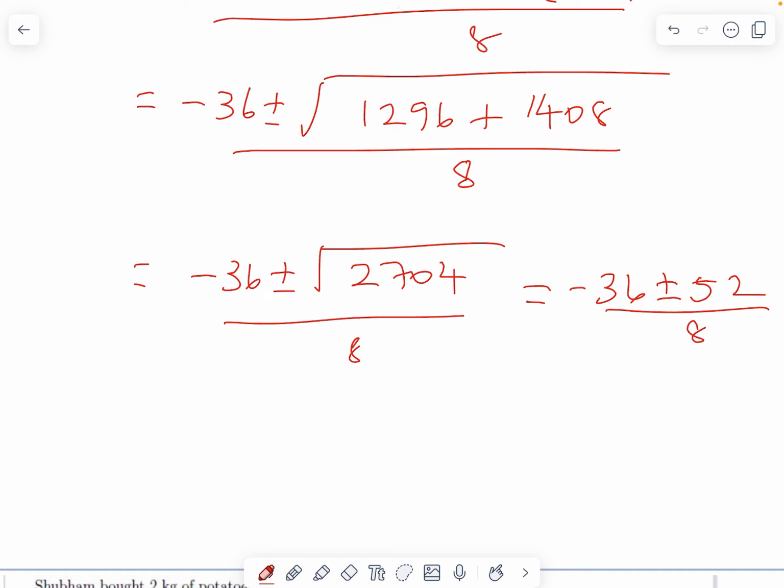Now focusing on minus 36 and plus 52: minus 36 plus 52 divided by 8, or minus 36 minus 52 divided by 8.